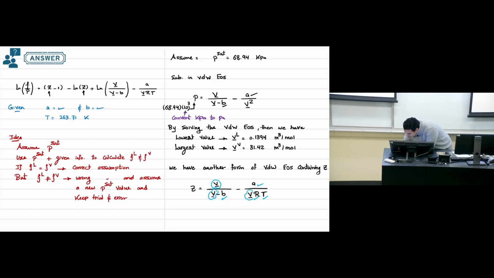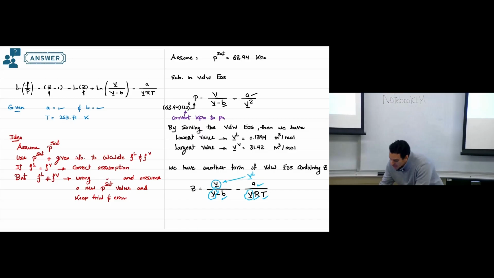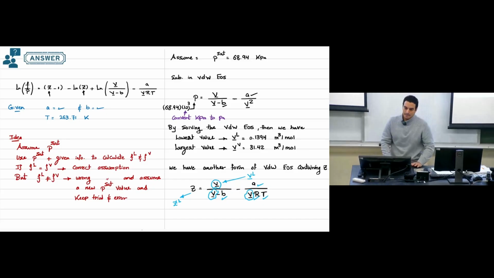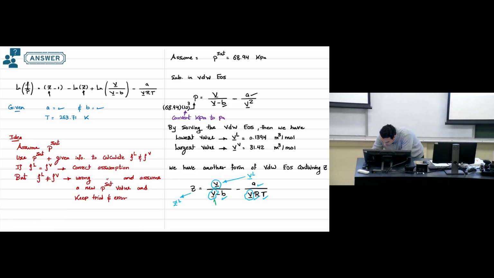If I use in this molar volume the molar volume of liquid, which is 0.1394, then I will calculate compressibility factor for the liquid. And if I use the molar volume of vapor, then I will calculate compressibility factor for the vapor.